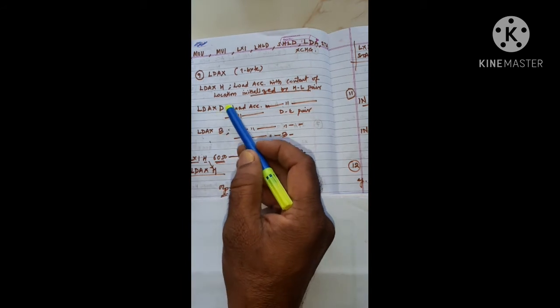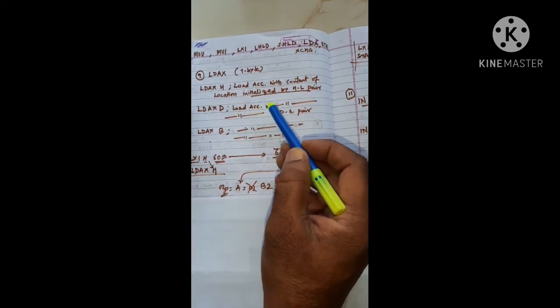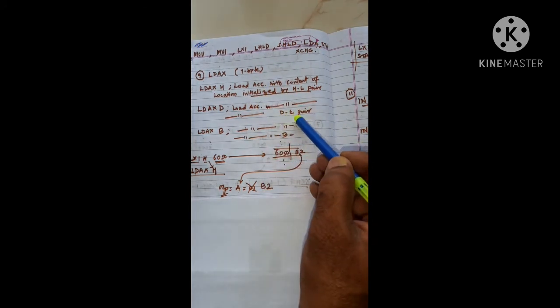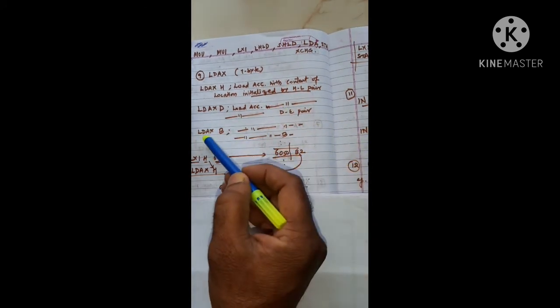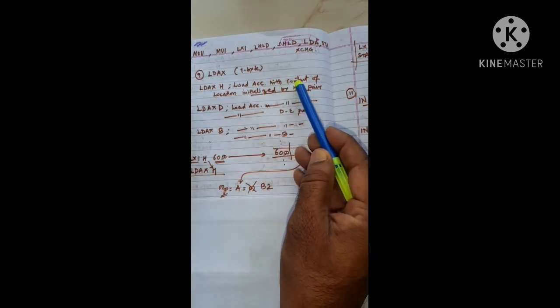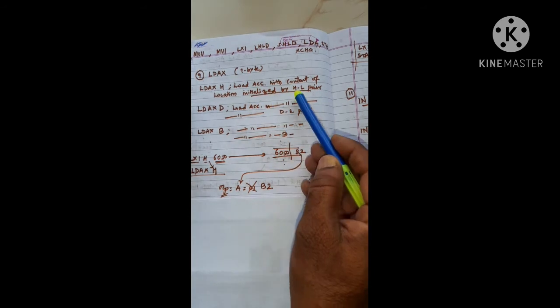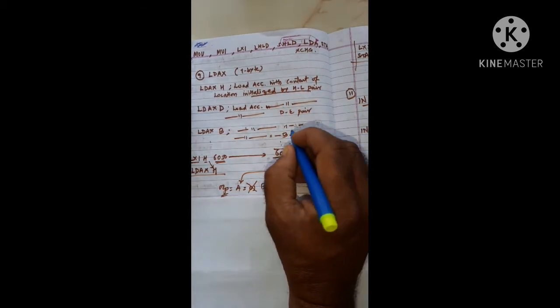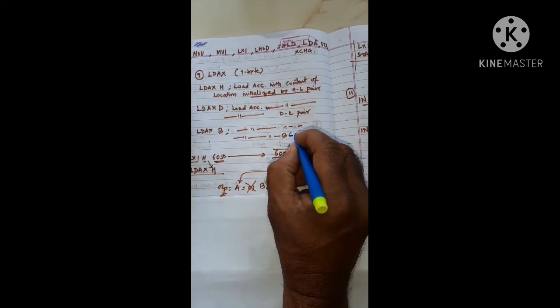LDAX D: the comment is load the accumulator with the content of the location initialized by the DE pair. And for LDAX B, the comment is load the accumulator with the content of the location initialized by the BC pair.